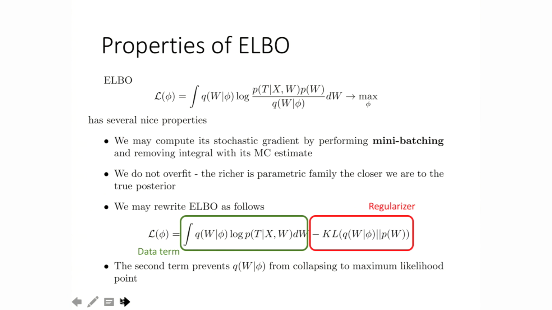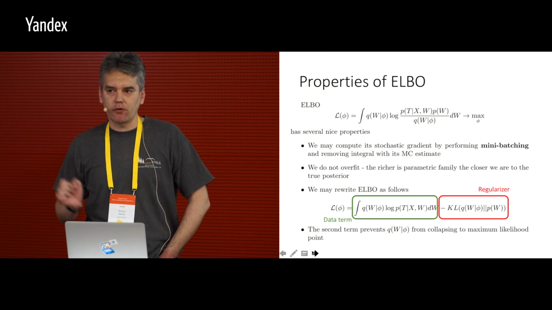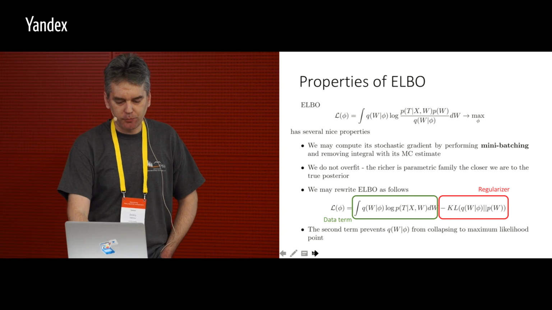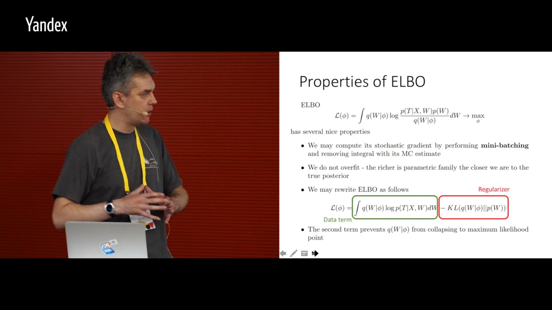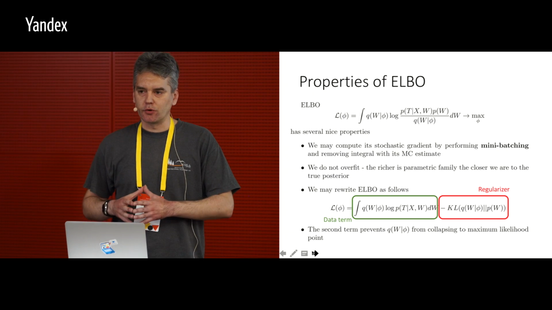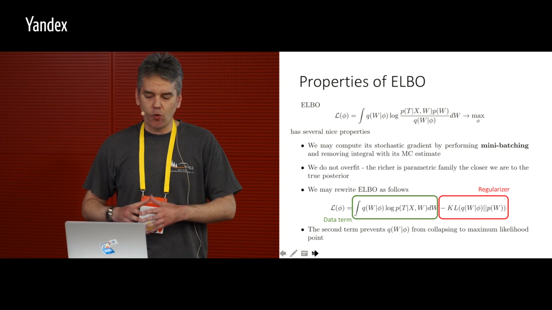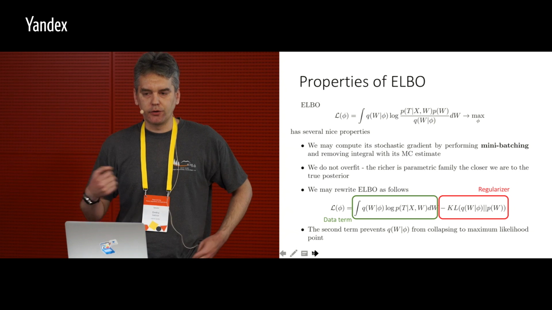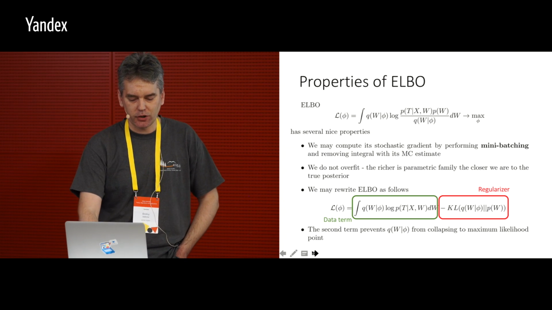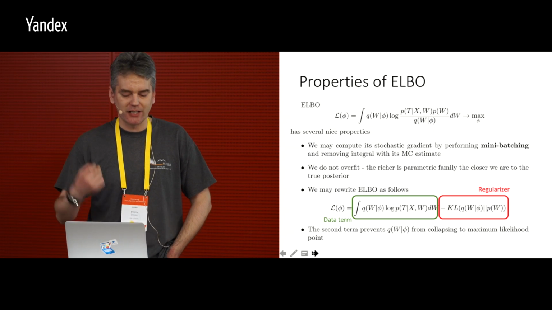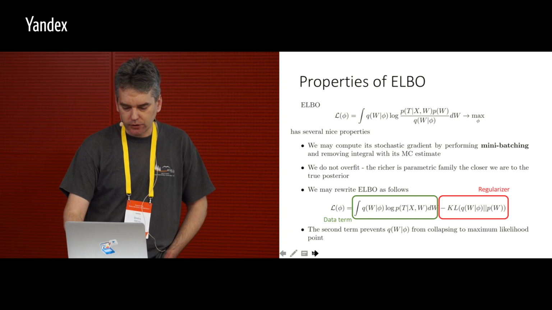This is why the first term can be called the data term. The second term prevents us from collapsing to a delta function. It penalizes us if we deviate too much from the prior distribution. And due to the second term, we end up with some non-degenerate variational approximation Q of W. So this is really an ensemble rather than a single classifier.